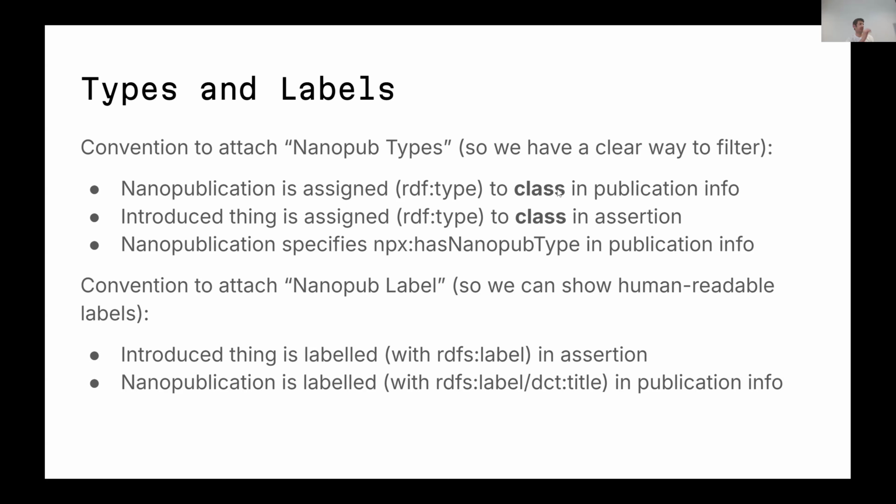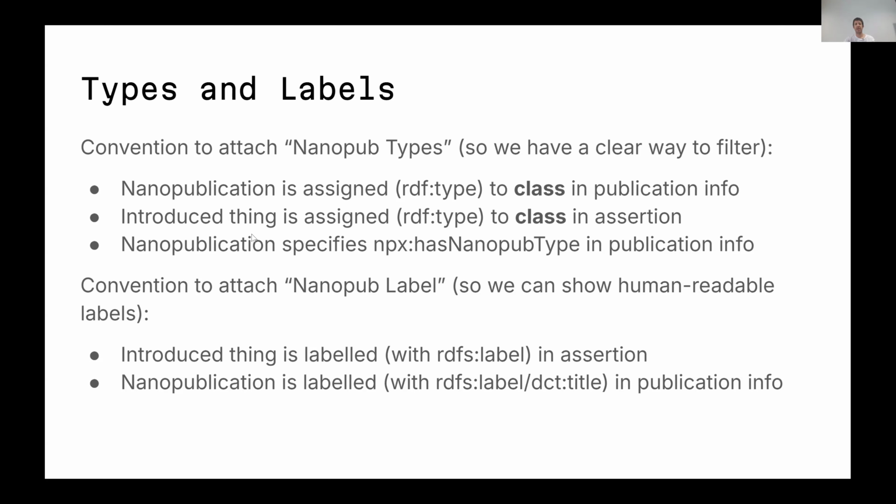For example, this application is an example nanopublication. So this example nanopublication URI is seen as a type of the application, and then there is an example nanopublication endpoint in these Nanopub query instances, so you can query them separately.